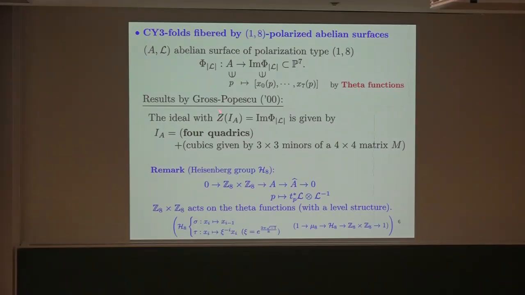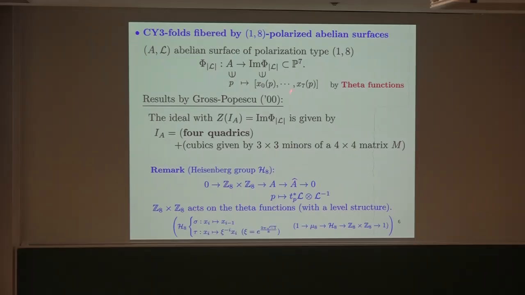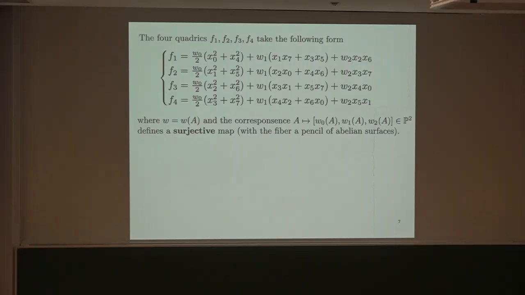And Gross and Popescu considered the equations for the image. The answer is here. In the (1,8) case, let's say, the ideal for the image of the embedding is generated by four quadrics and complicated cubics. We are going to focus on the four quadrics.